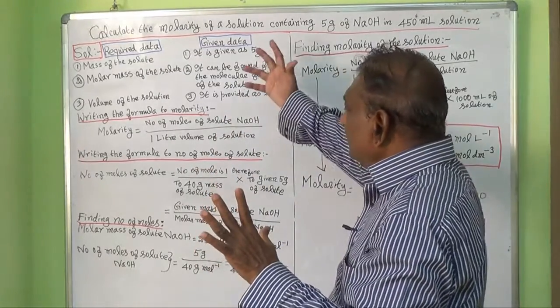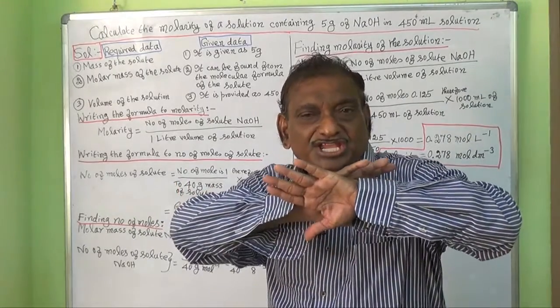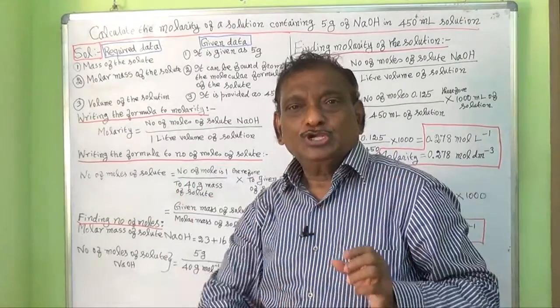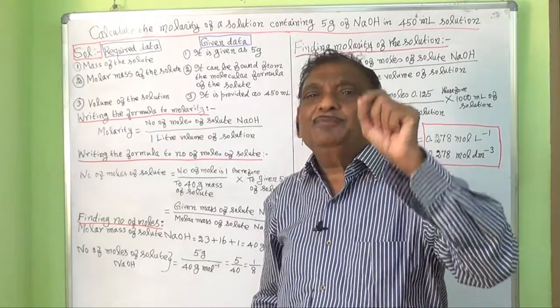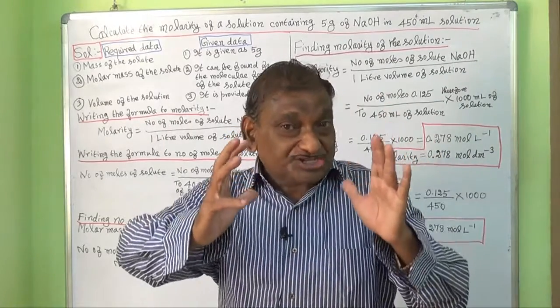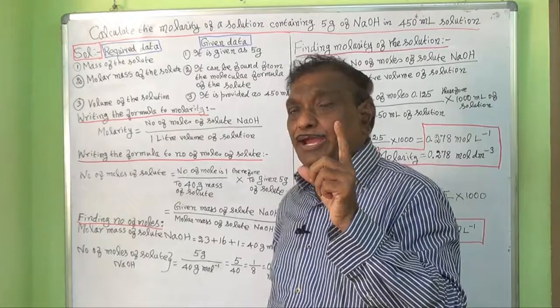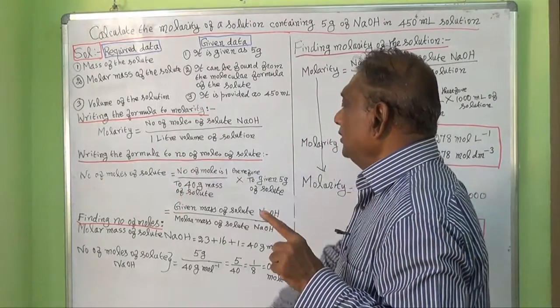In the sum, the number of moles of the solute sodium hydroxide is not supplied. So we have to find the number of moles of the solute sodium hydroxide. How can we find the number of moles of sodium hydroxide? We have to write the formula for number of moles of solute.